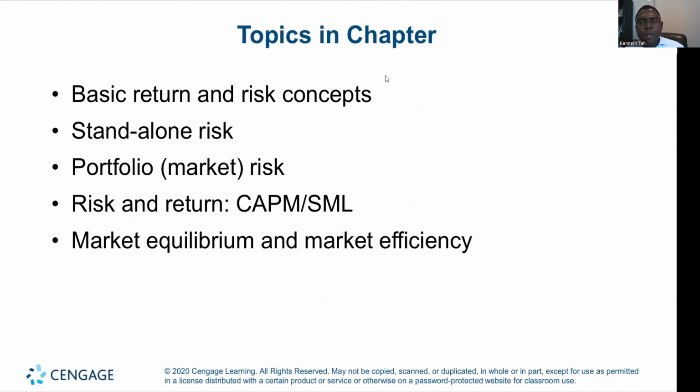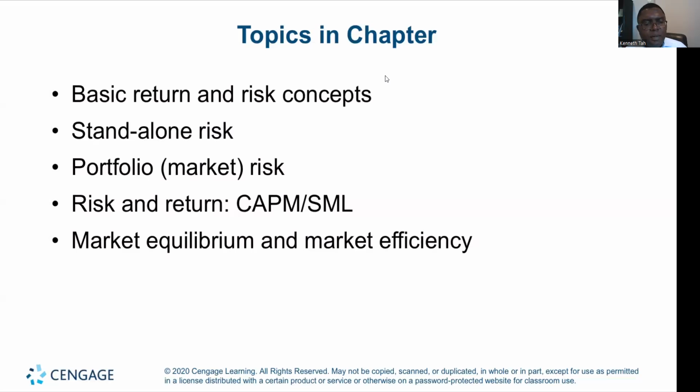And then you can start buying many other companies. A group of companies in your portfolio makes what we call a portfolio. So you are interested in understanding how you can calculate the return and the risk of your portfolio.